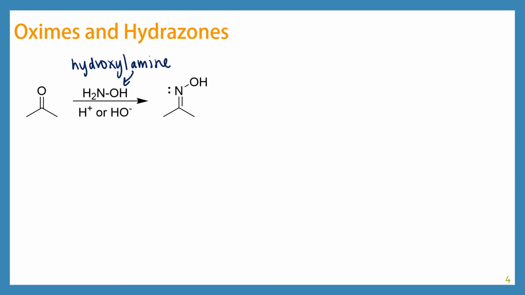That's this molecule here. And we end up creating a double bond between the nitrogen and the carbonyl carbon. So this is kind of like an imine, but instead of having an alkyl group, we have this hydroxyl group. And you know that's going to have very different chemistry from having an alkyl group there. So this gets its own name. This is called an oxime.